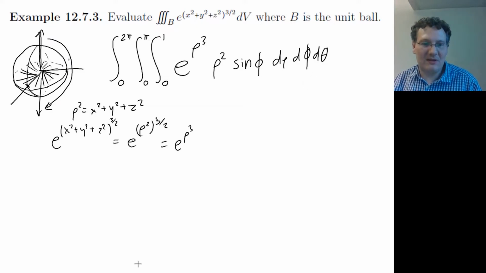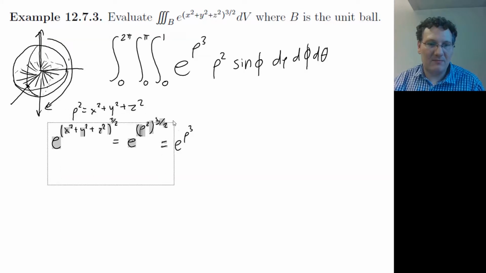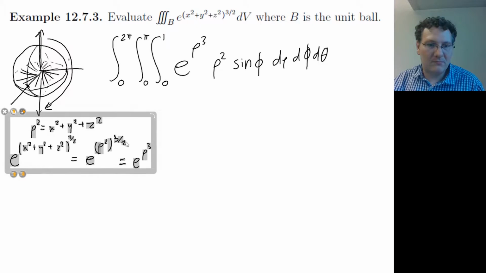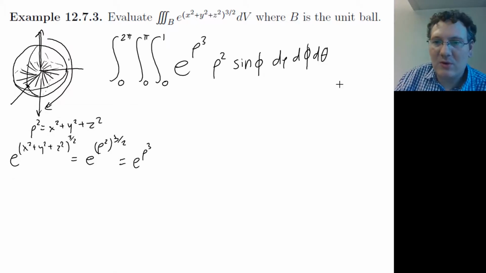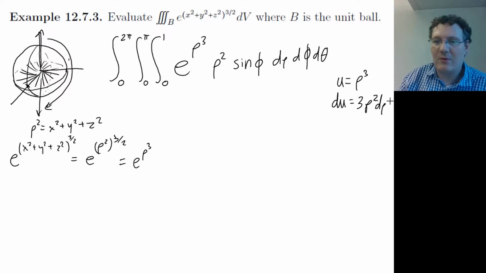Let's do a little conversion of units. I'm going to let u be rho cubed, and so du is going to be 3 rho squared d rho.